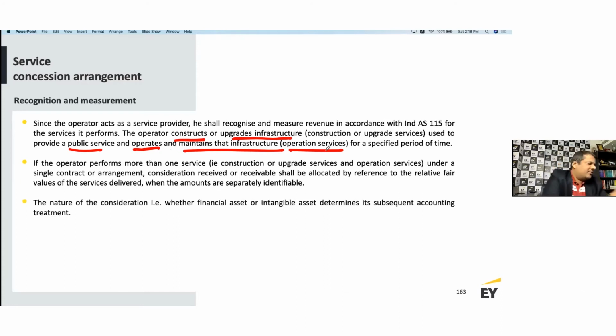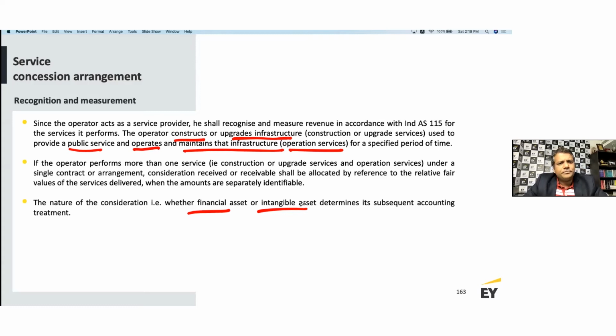Now, whether it's a financial asset or intangible asset needs to be determined. When it is a financial asset, when government has guaranteed, look, this is what I am going to pay, right? Then it's a financial asset. That means I have a receivable from the government of India or government of any other jurisdiction. When the government has not guaranteed, government has only allowed me to use the asset or operate the asset and charge the users based on predefined formula, then it's an intangible asset model for me.